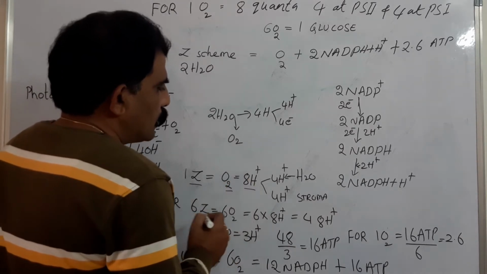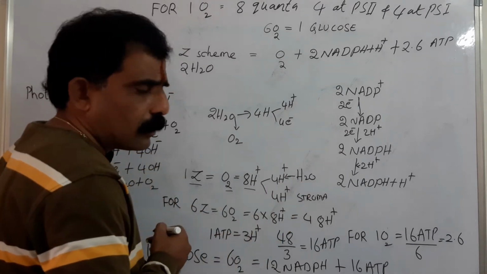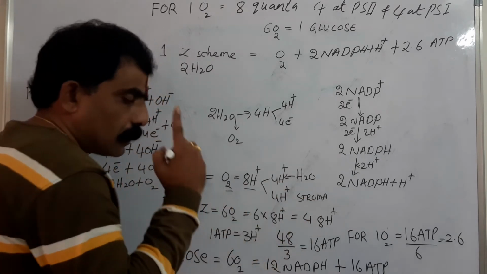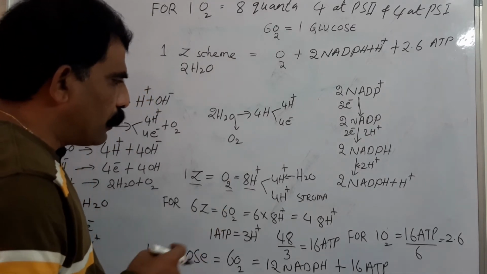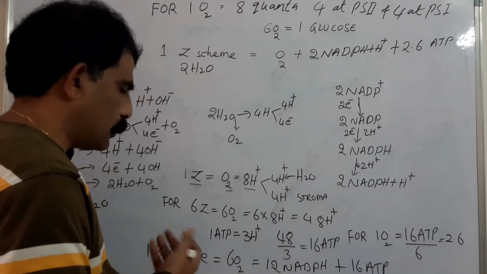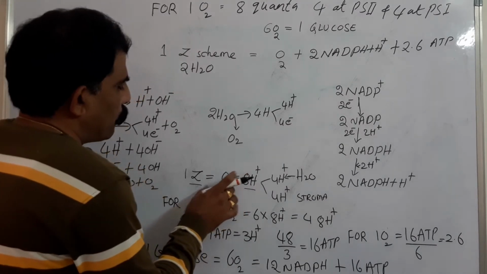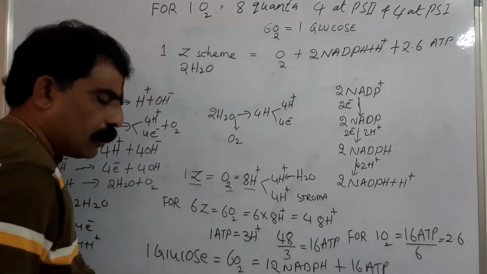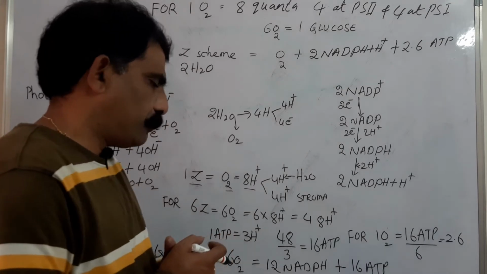Of that 8 protons, 4 protons come from photolysis of the water. The remaining 4 protons come from the stroma, because plastoquinone, which is a hydrogen carrier, pumps the protons into the lumen. So during the evolution of 1 oxygen molecule through the non-cyclic photophosphorylation, 8 protons are accumulated in the lumen.